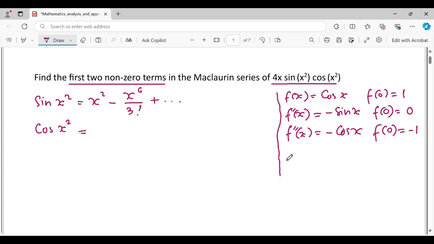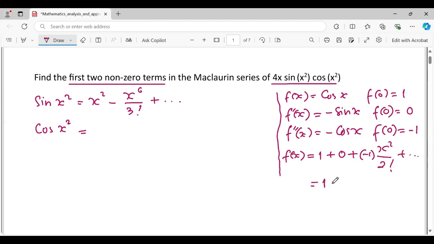Now, the Maclaurin series of cosine x will be 1 plus 0 times x over 1 factorial, and then plus minus 1 times x squared over 2 factorial. Already two non-zero terms.